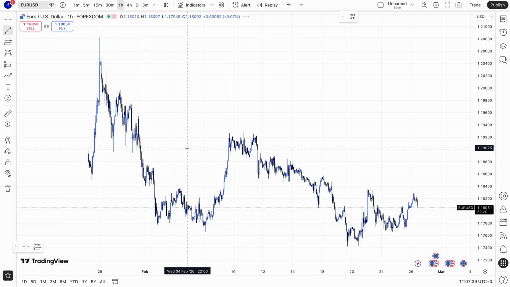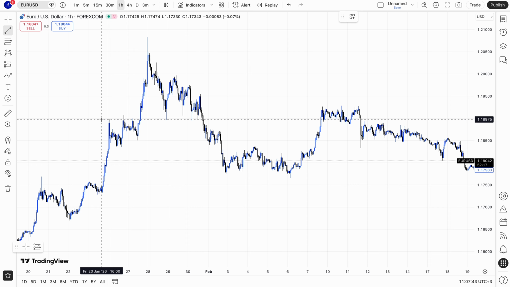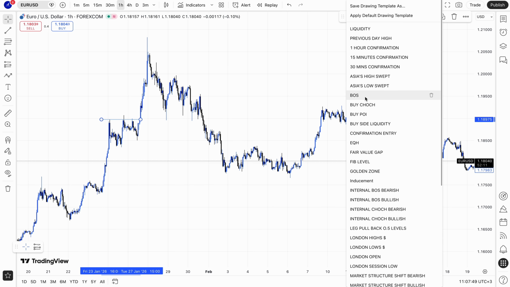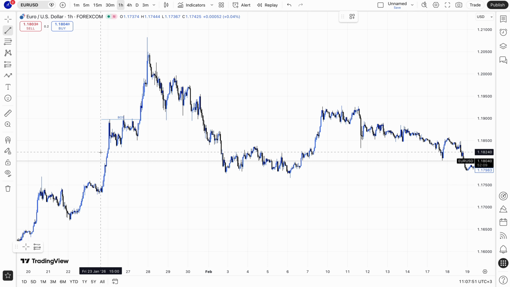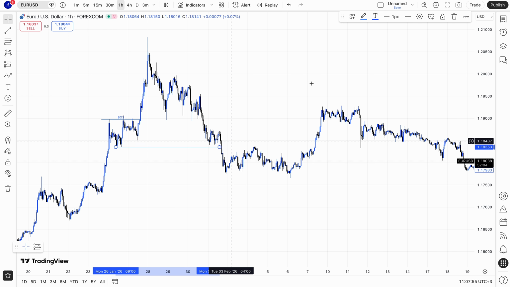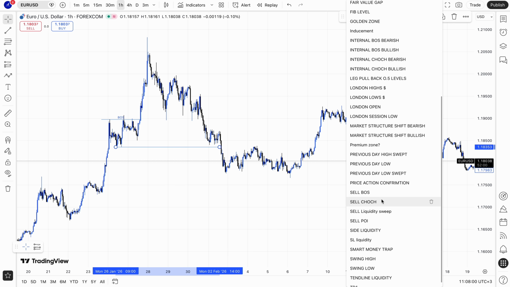you can clearly see that this was our last break of structure to the upside. Then we had our change of character to the downside.